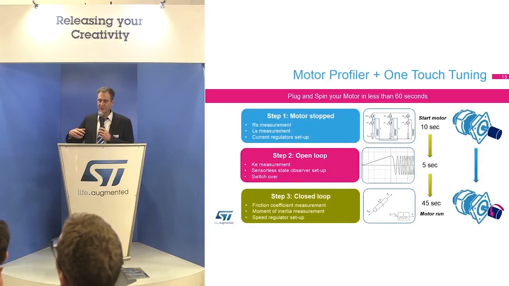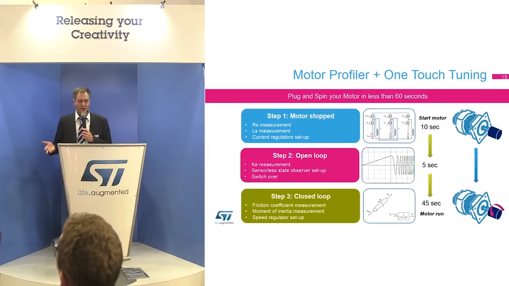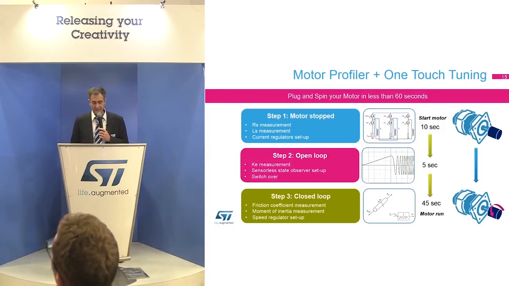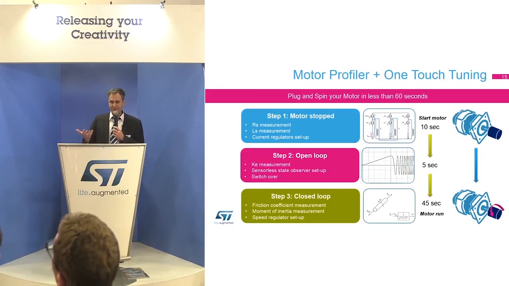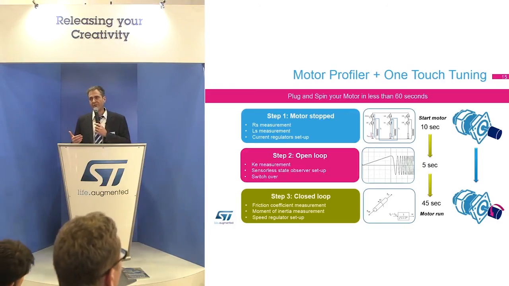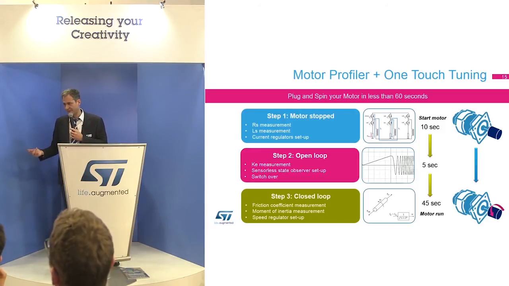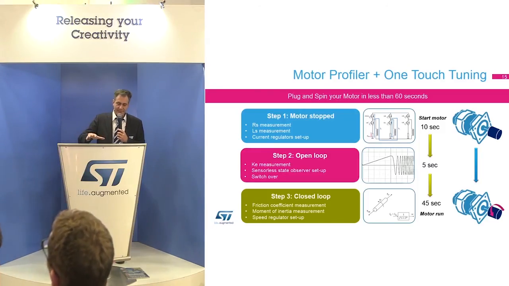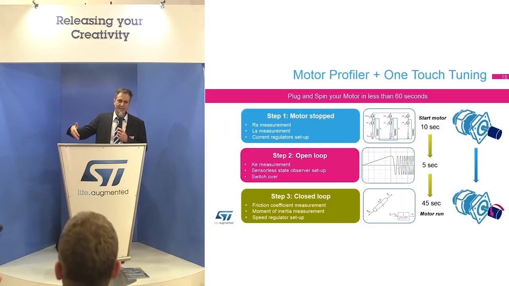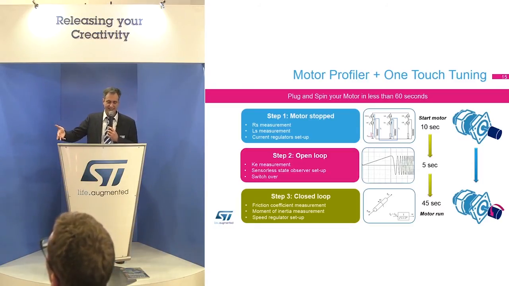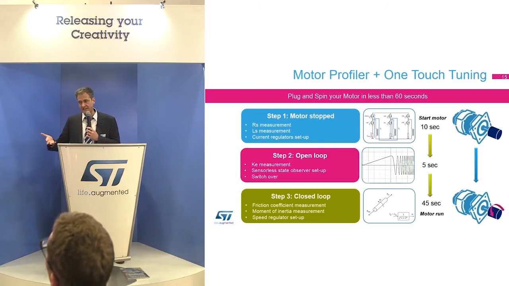So putting together the two features, the motor profiler plus the one-touch tuning, we can achieve the results of spinning the motor in less than 1 minute. Okay? So the first step is with the motor stopped to measure the stator resistance, the stator inductance, and to tune the current regulation.